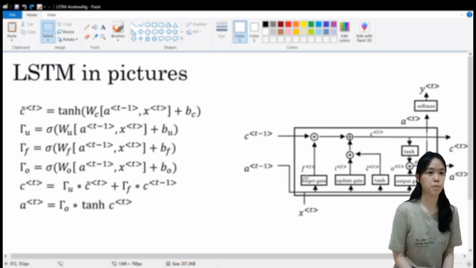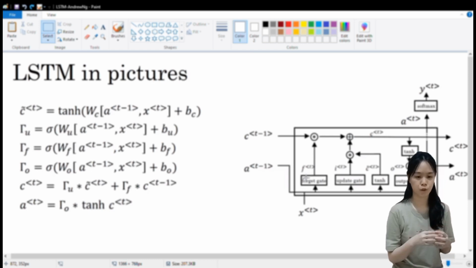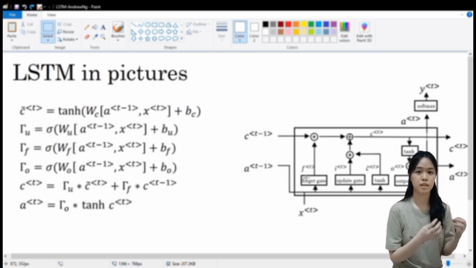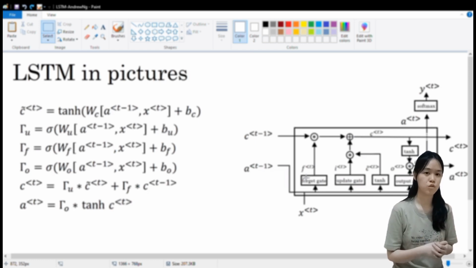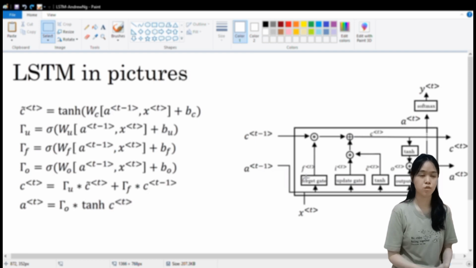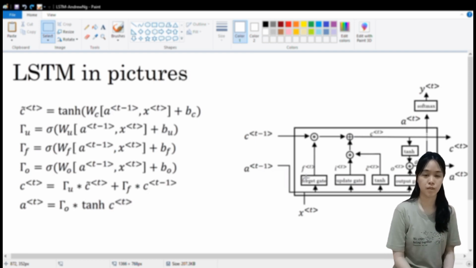So LSTM is a part of neural networks. A neural network is a group of neurons, and each neuron would process the data to get either features or to map input to output. And there are several types of neurons to process different kinds of data.